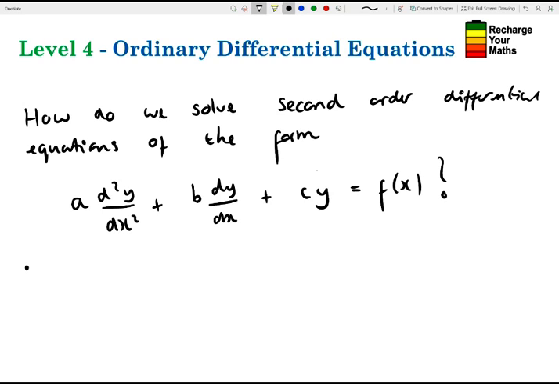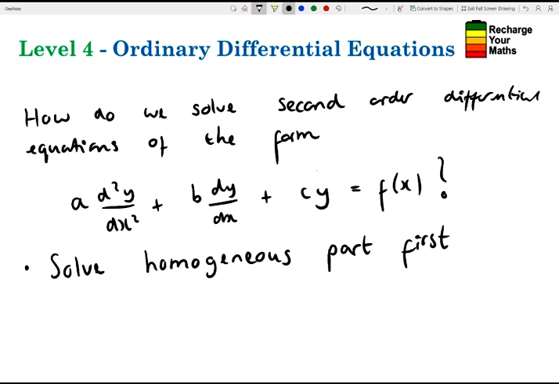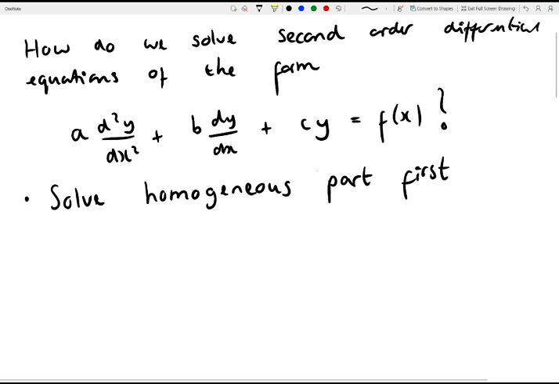And to solve this, the first thing we do is we solve the homogeneous part first. If you don't know what that is, we'll come to that in just a moment. So the homogeneous part is the following.